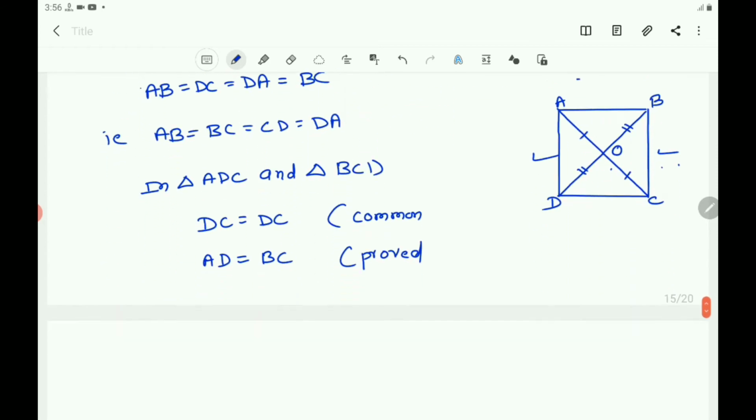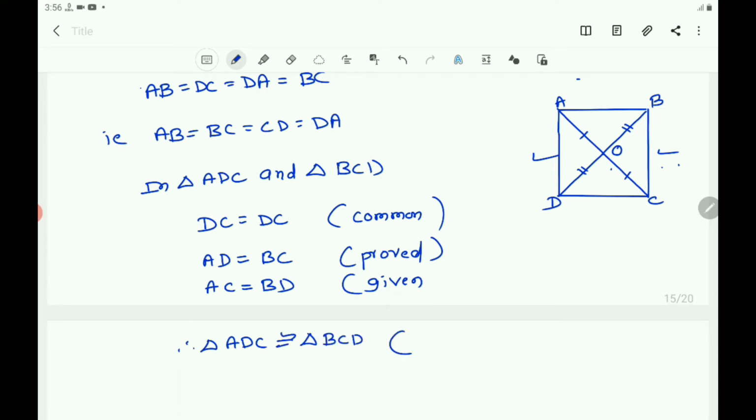Next, you can also say the diagonals are equal, therefore AC equals DB, that is given. Diagonal AC equals diagonal BD. So you can write that triangle ADC is congruent to triangle BCD according to which congruence rule?